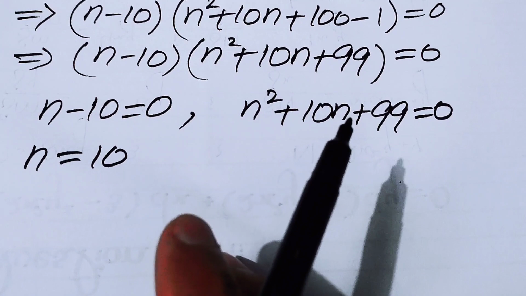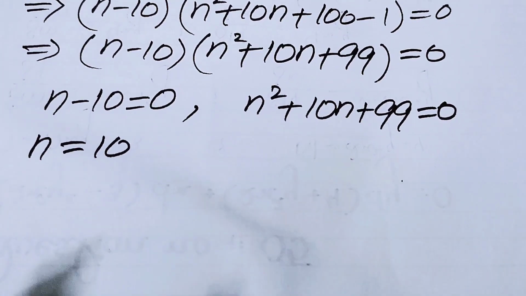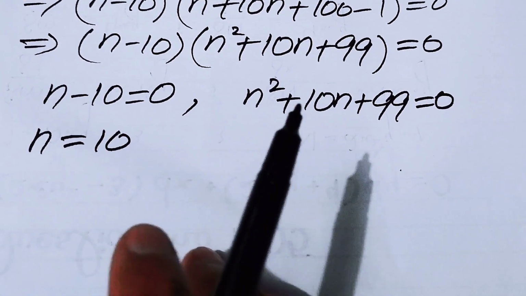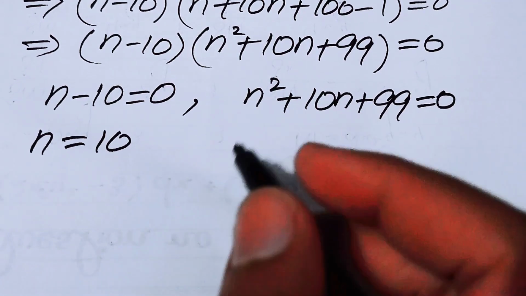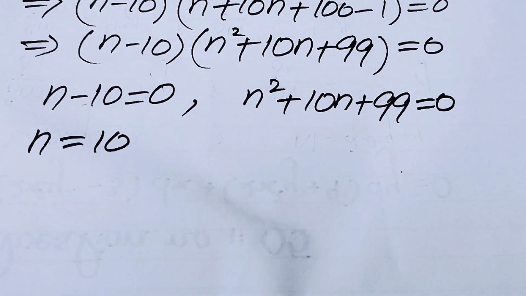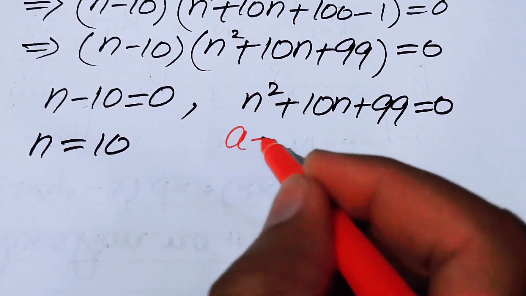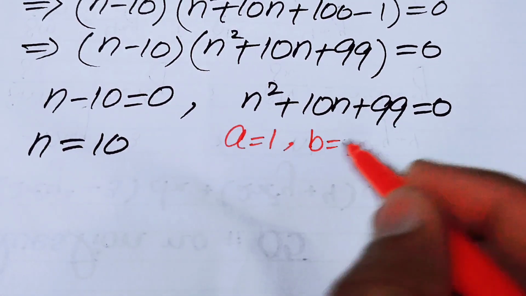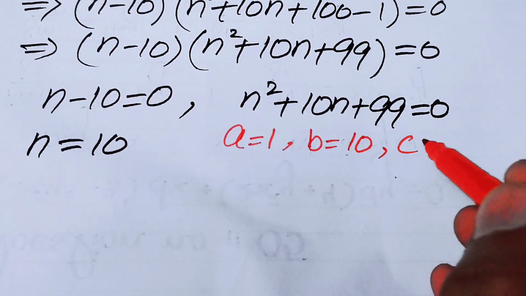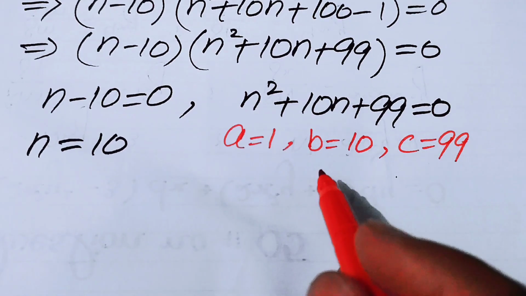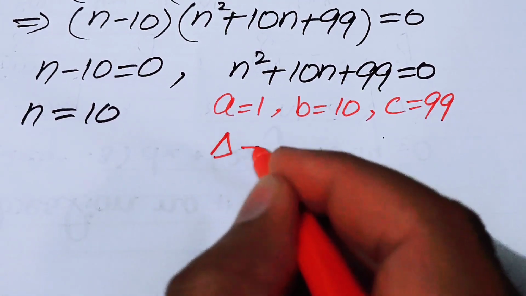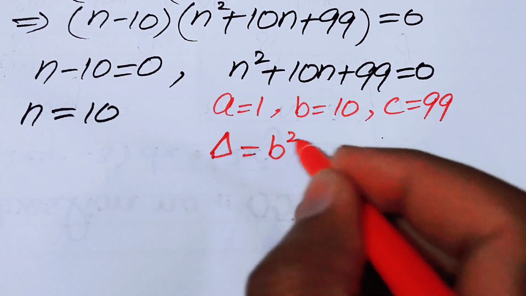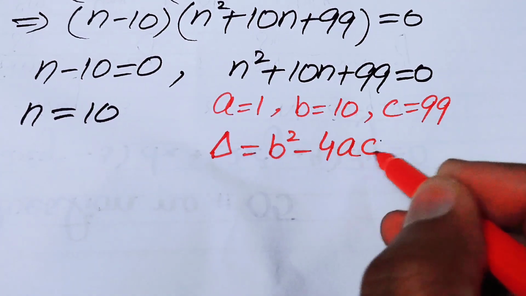Because in this question we need only real roots, first we will check whether this quadratic equation has real roots or not by using the discriminant formula. Here a is equal to 1, b is equal to 10 and c is equal to 99, so the discriminant formula is delta is equal to b squared minus 4ac.